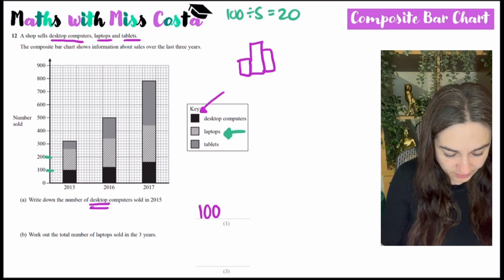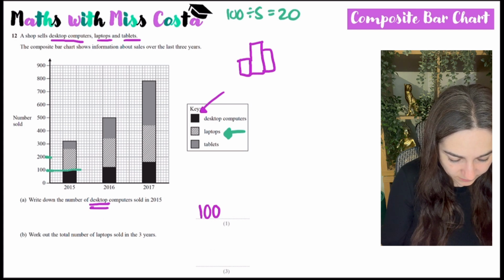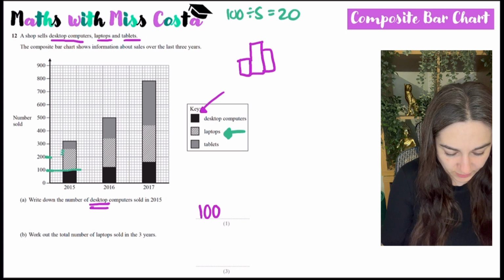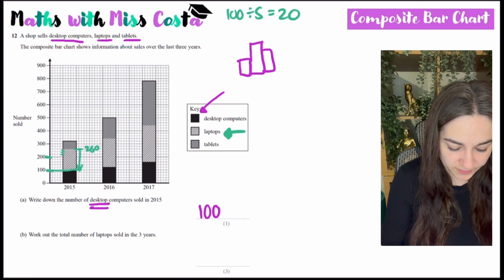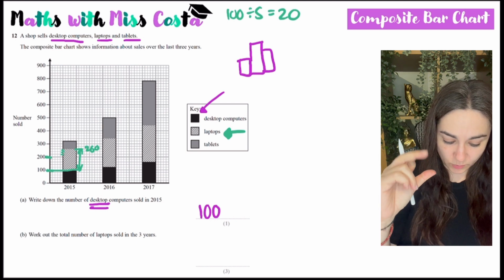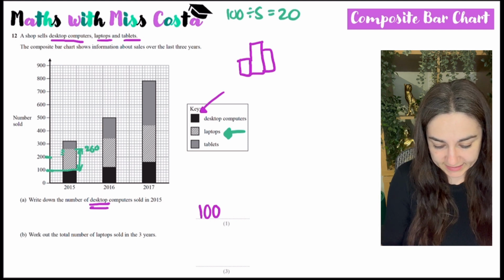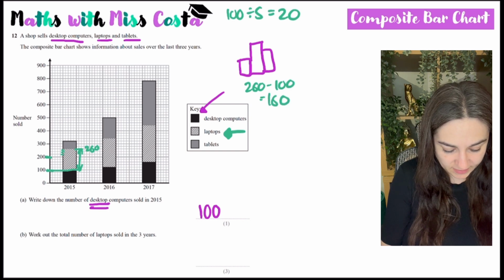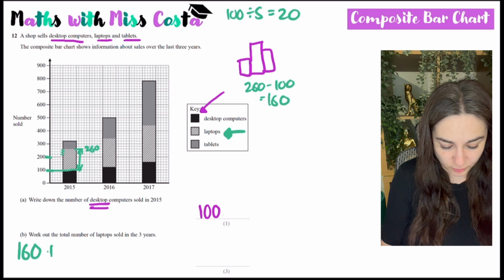So then I know that this is 100, and this would be 260. So between 100 and 260, that is the amount of laptops that are sold. So if I did 260, take away 100, that gives me 160. So in 2015, I have 160 laptops.